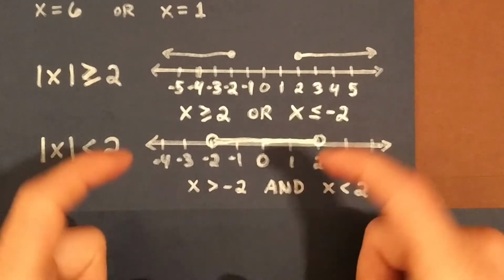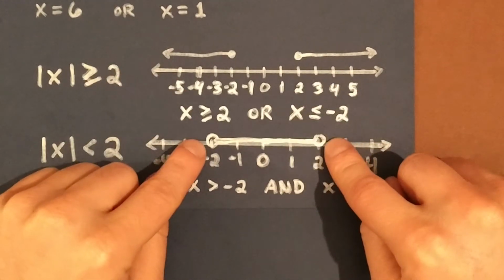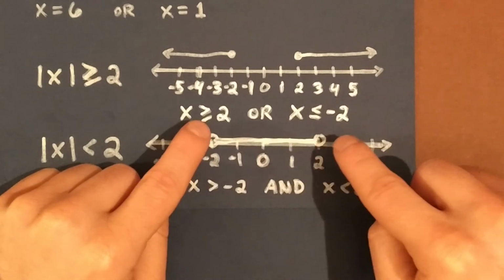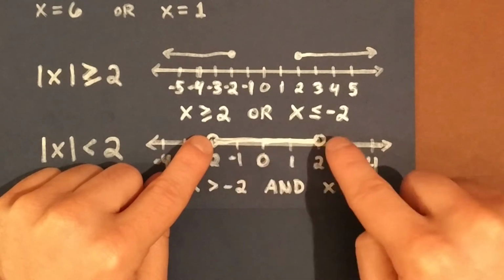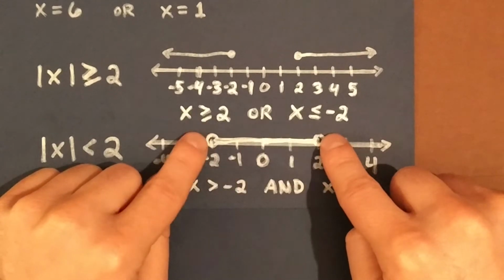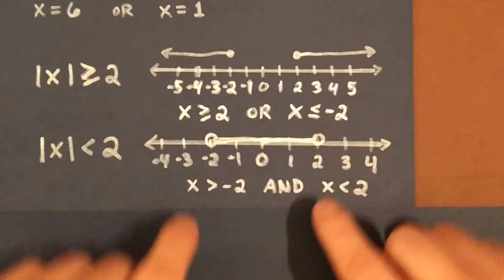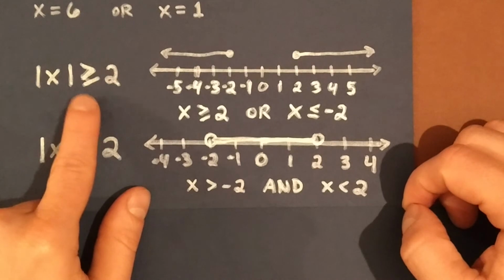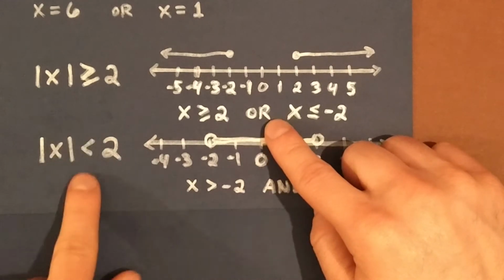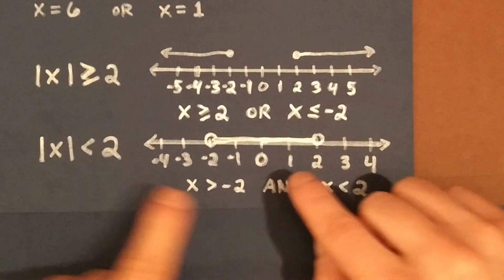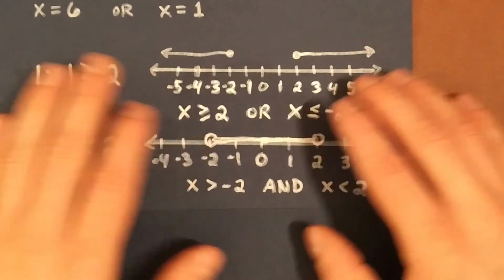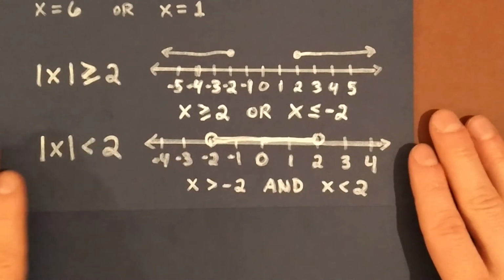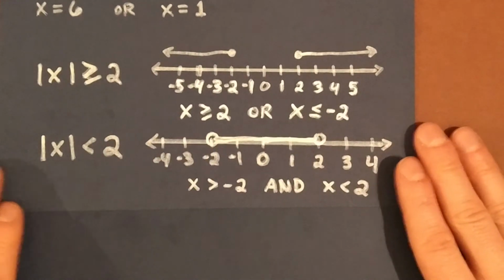But when you say and, it's got to be both. And where is it both greater than negative 2 and less than 2? That's in between. So with greater than, we're going to use or, and with less than, we're going to use and in our solution, and that's why. But we'll talk a bit more about that in the next examples.